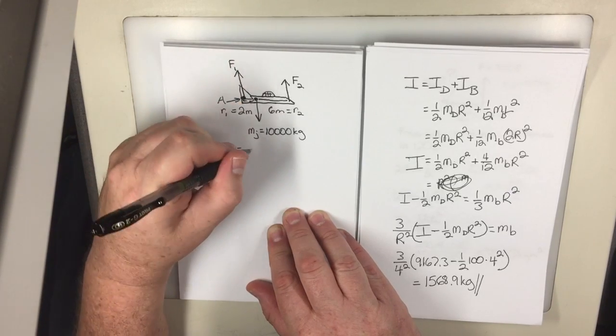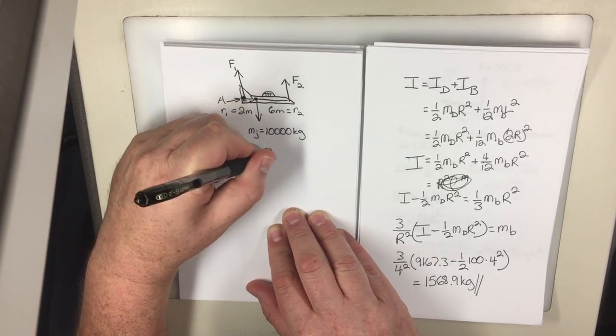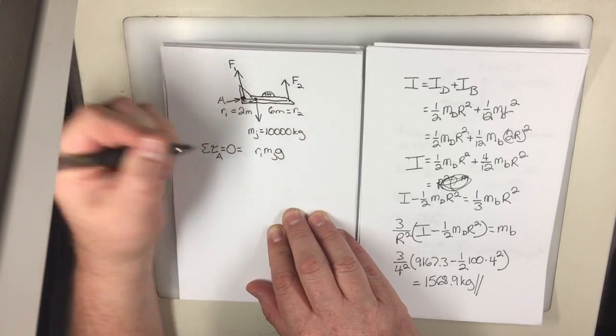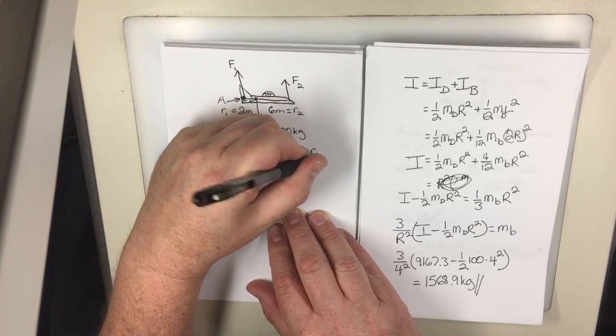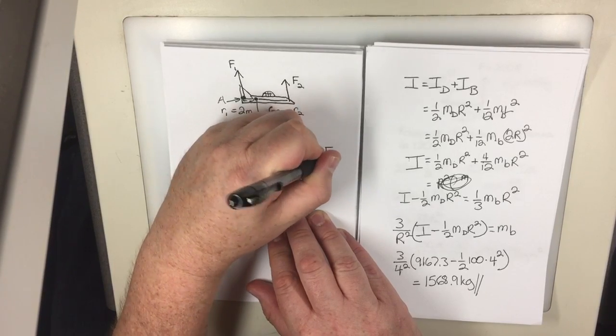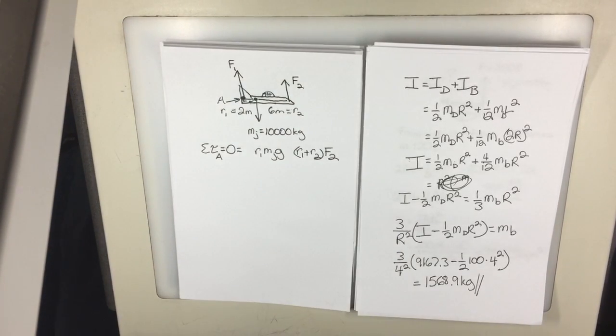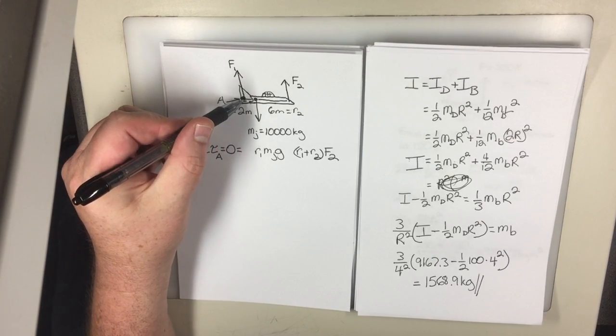That means I have two torques, R1 MJG, and then R1 plus R2 F2. And so I have my two torques there. Now, this is the rotation point.